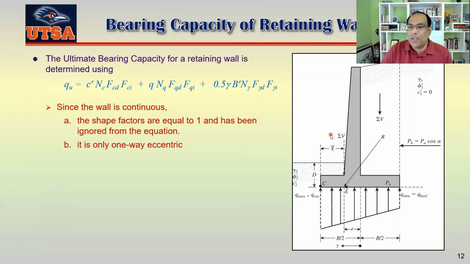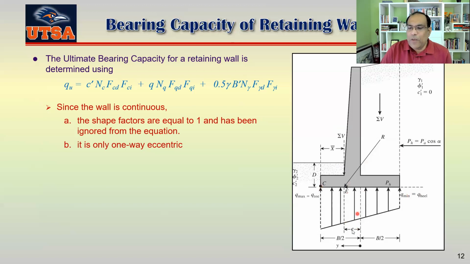That's basically your summation of V. But you can see your V is working here, whereas the middle of the bottom of your foundation is here. So this is basically your eccentricity, okay? That's your eccentricity. Since V is working here, this side has much higher pressure than here.